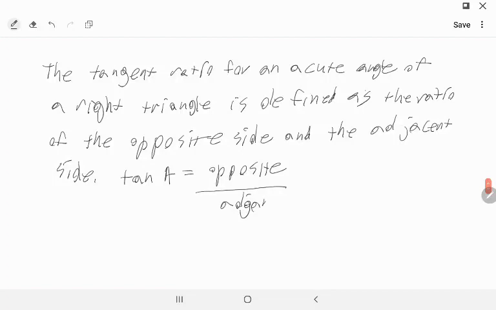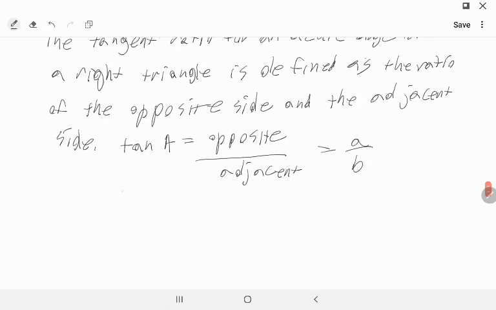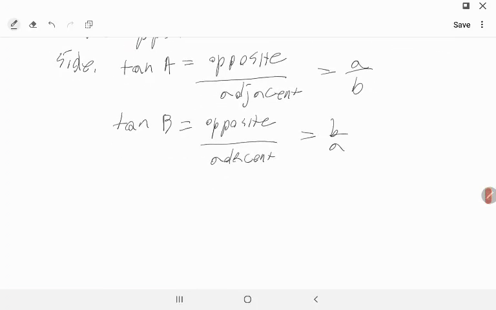So for our example triangles, tangent A is A divided by B. And tangent B would still be opposite over adjacent, but now we get B divided by A.